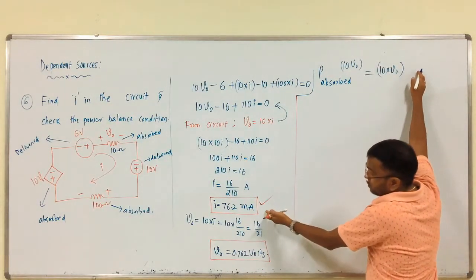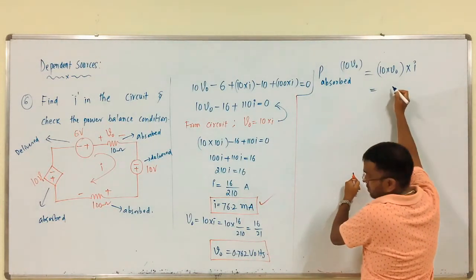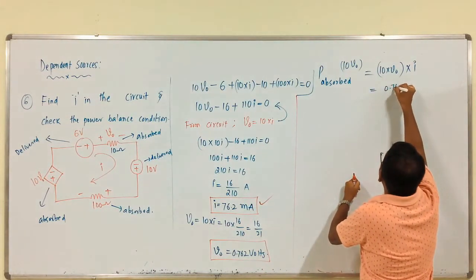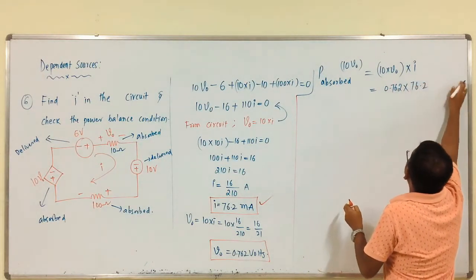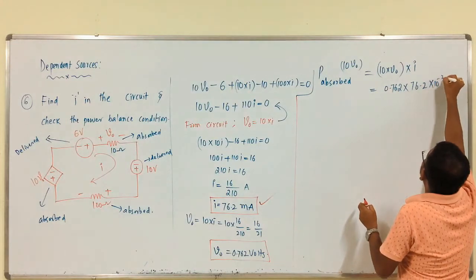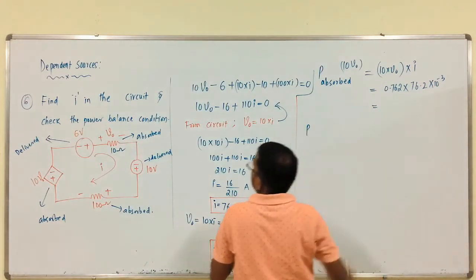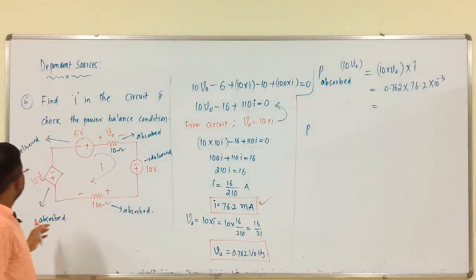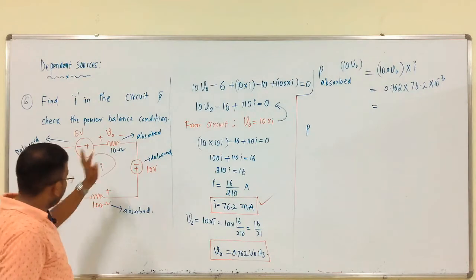What is the current value? I, 76.2, which is equal to 0.762 into the value of I, 76.2 into 10 power minus 3. I will write the answer later. Next, again the power absorbed. Is there any power absorbed by this? Positive to negative absorbed.